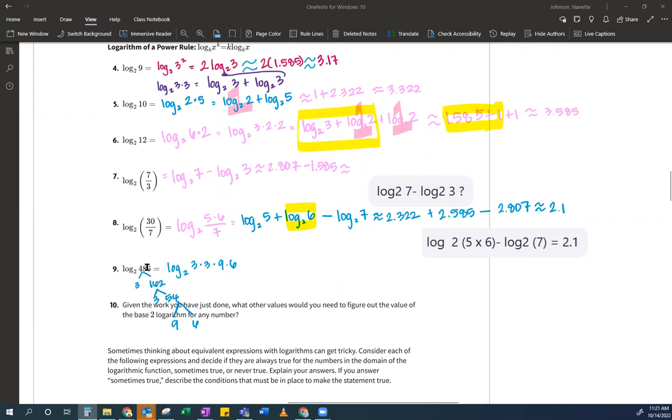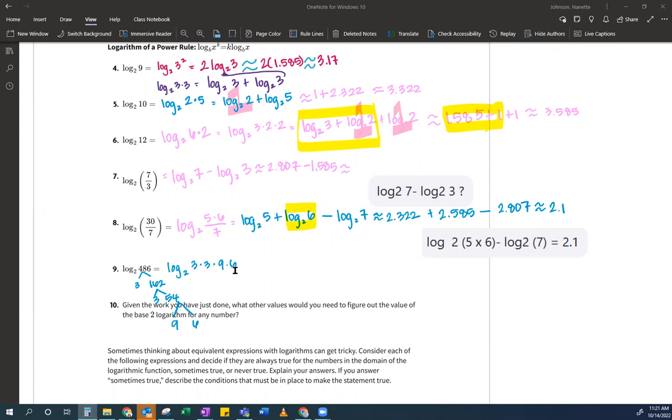So I used 486 and I kind of factored it out to do this. Ms. Johnson, can I do log base 2 of 9 times 9 times 6? Yeah, absolutely. Okay, so let's write this answer out.